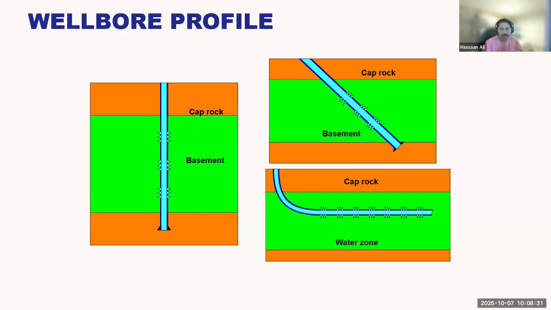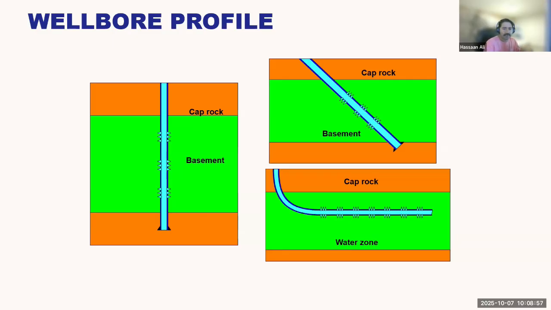Cap rock is a type of rock that prevents the oil and gas from moving anywhere else. It is a less permeable or less porous rock that will act as a boundary to hold that oil and gas within certain space and certain volume. Basement is that volume that the cap rock is trying to contain.